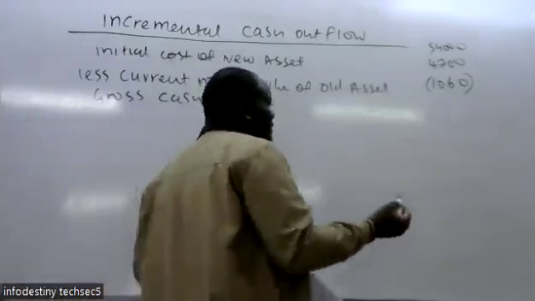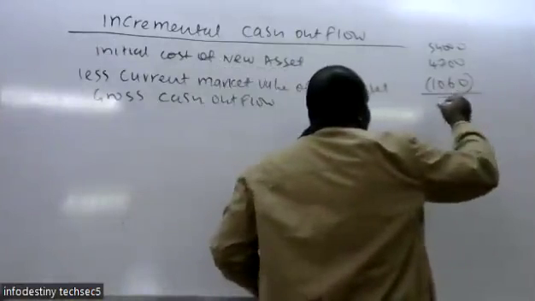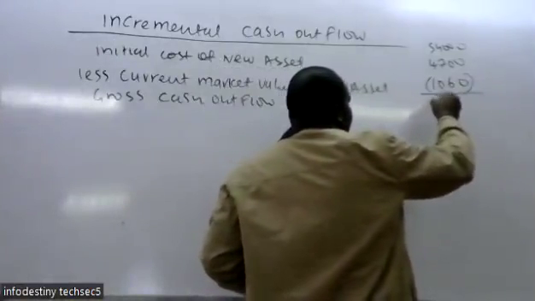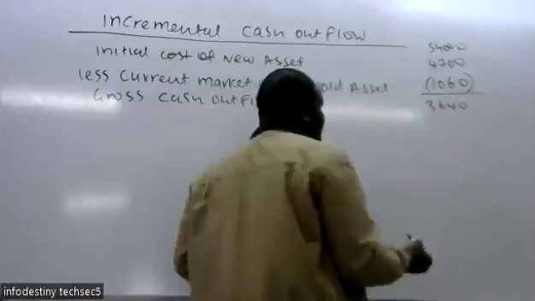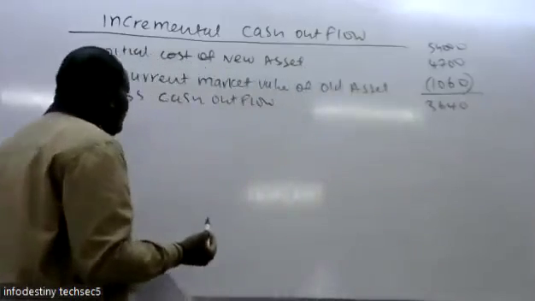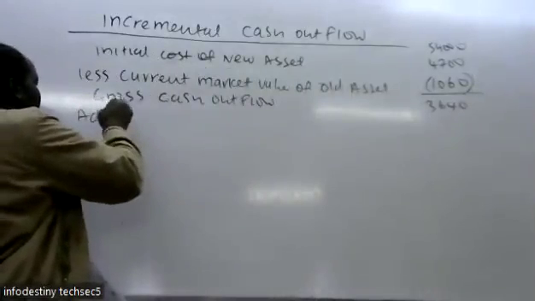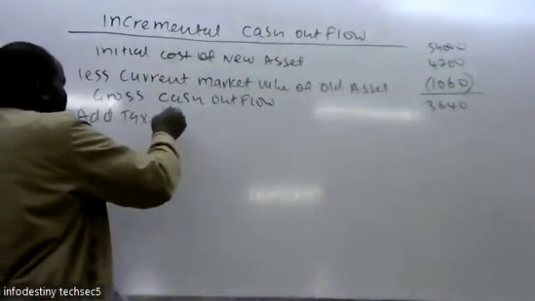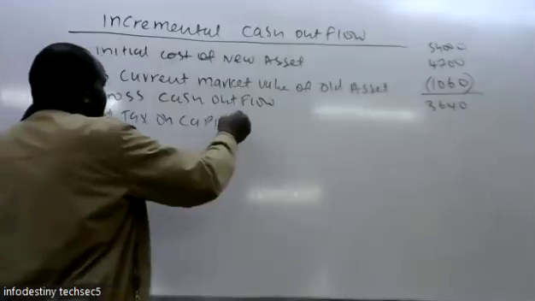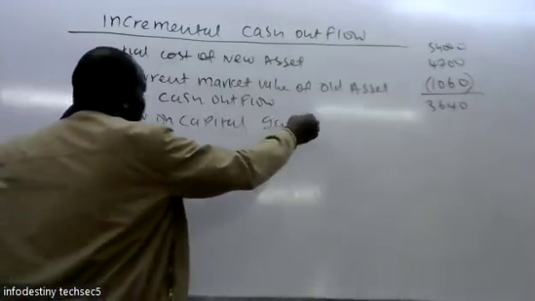So this figure is how much? 3.64 million. Then we are supposed to add tax on the capital gain.